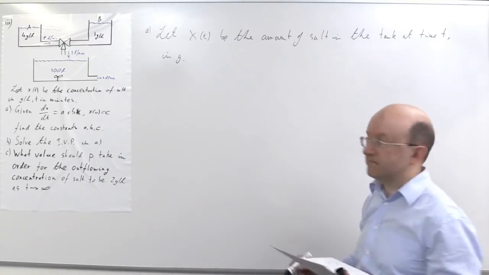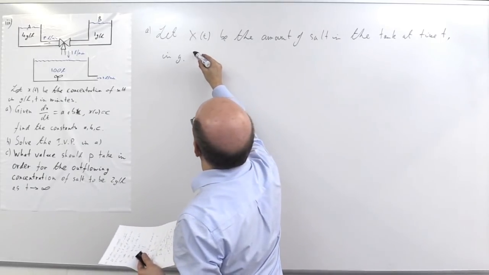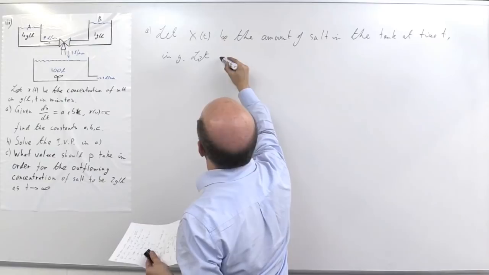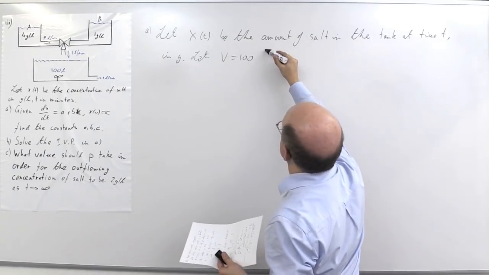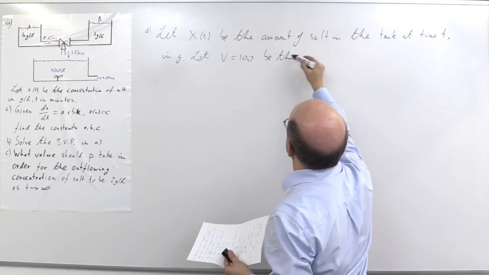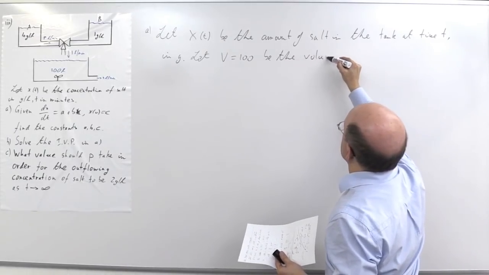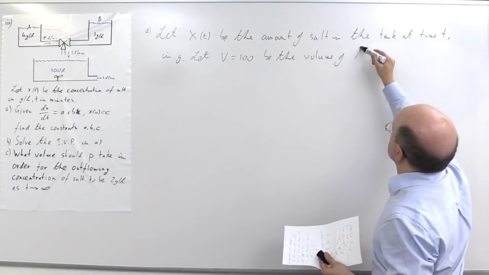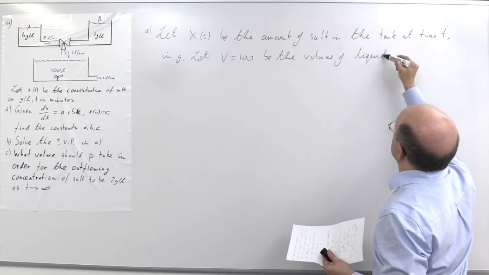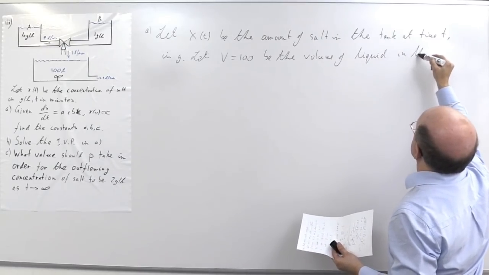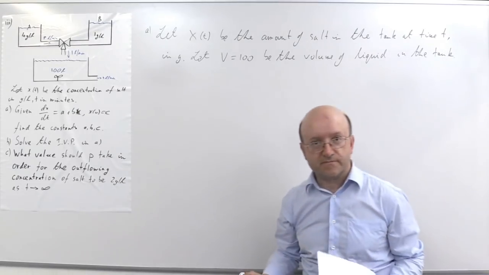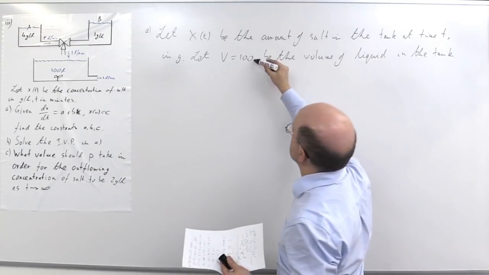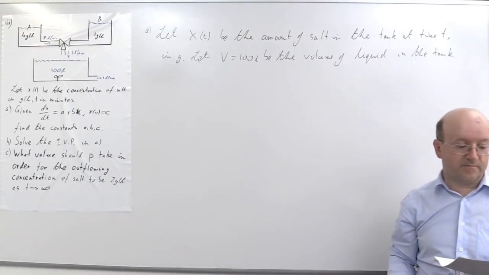All right. And I'm going to use a symbol. I'm going to use a big capital V, which is to be 100, the volume of liquid, brine of course, in the tank. It's a constant. It's 100 litres naturally. All right.